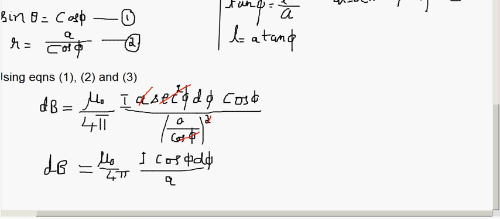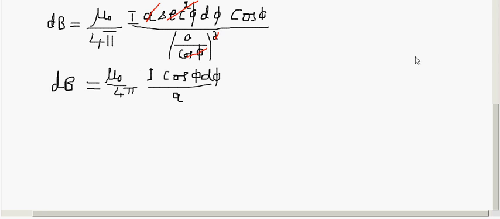Now this is the magnetic field due to the current element dl.